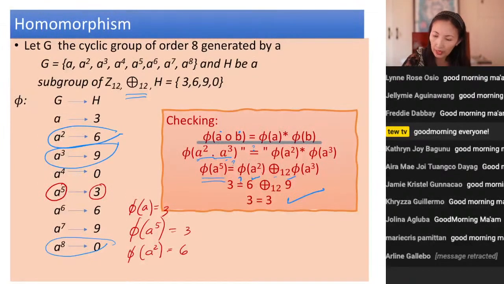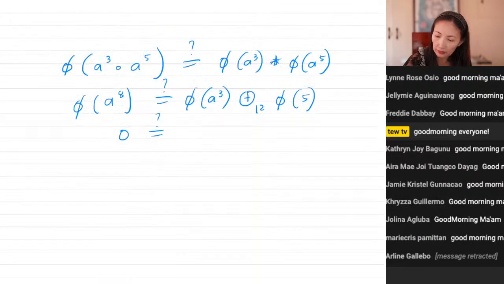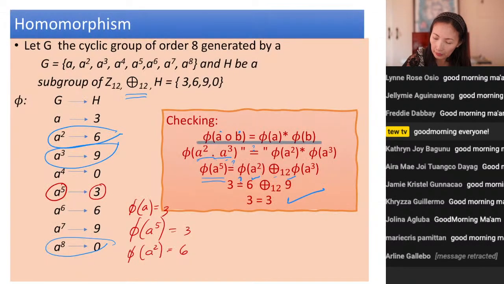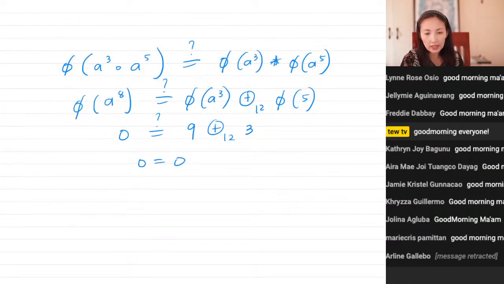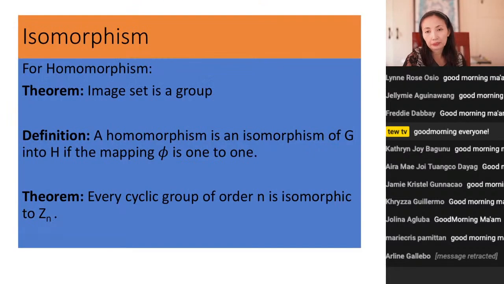It's 9. Okay, so 9 plus phi of 5, which is 3. Okay, plus 3. Obviously, 0 is equal to 0. Okay, 0 is equal to 0. And that's a homomorphism. Okay?